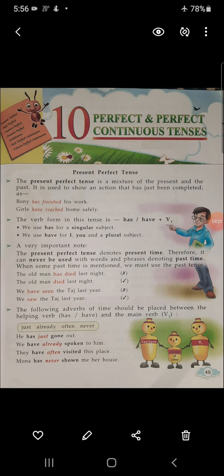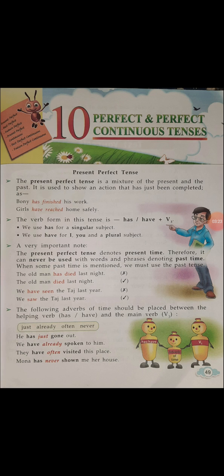For example, the first example, Bonnie, singular, right? Bonnie has finished his work. There it has been used as has, H-A-S, for a singular person. Bonnie is a single boy.